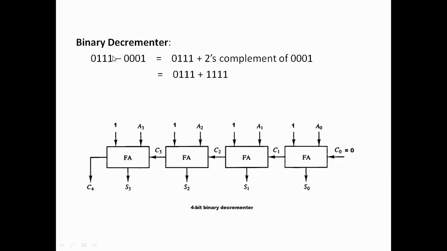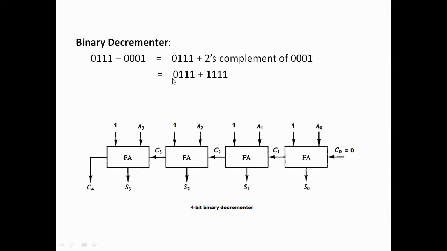This is 7 in decimal, this is 1. We can convert this into addition by writing this is the same as 7 at its place, and this will be converted to 2's complement of this plus, right? So 2's complement of this becomes 4 times 1. So this operation is the same as this operation.